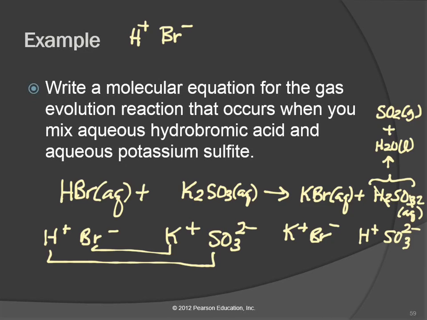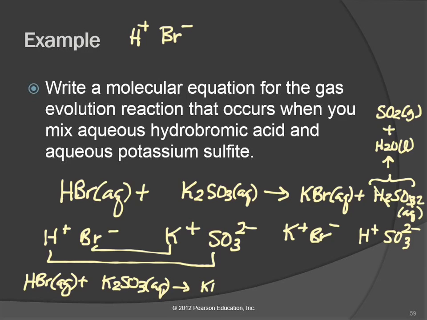So now we could take these pieces and put them all together. HBr aqueous plus K2SO3 aqueous. I'm going to skip that, this guy in the middle. I've got this guy plus these guys up here.